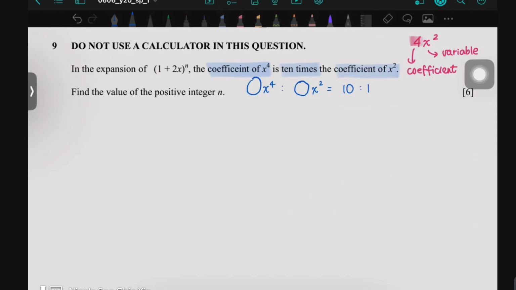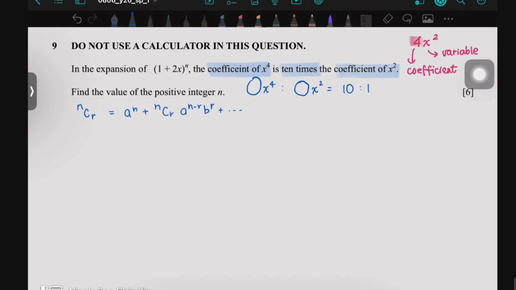Okay, how to do this type of question? First of all, when it comes to expansion, we do binomial expansion. The formula given is (a plus b) to the power of n equals a to the n plus nCr a to the n minus 1 b to the r, and so on.